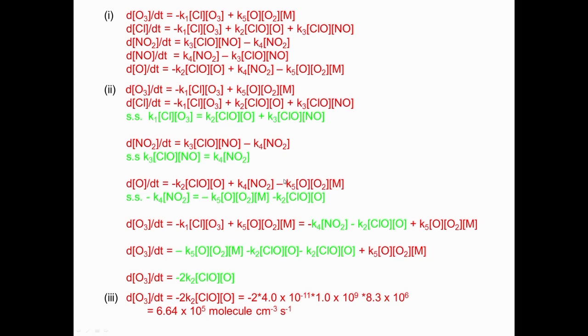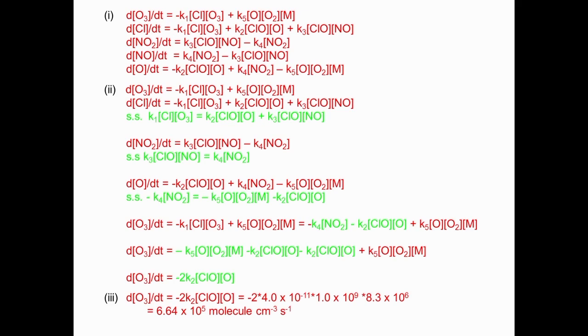And all we've done is use these steady state expressions to back substitute. So ClO equals K4 NO2, and so we just back substitute that into here, etc. And so all we're doing is using these steady state expressions to back substitute to derive the expression for d-ozone by dt.